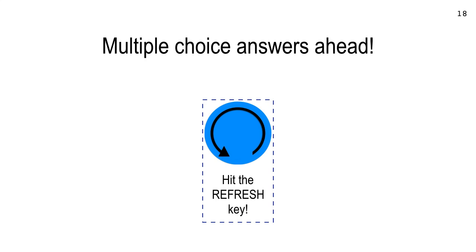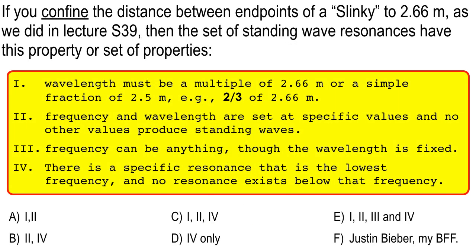Now, I want to point out some concepts for you, but let's do a multiple choice question first. Turn on your clicker and just hit the refresh key once. We're going to do multiple choice. And this one, you've got to read very carefully. So this is about confinement or containment.